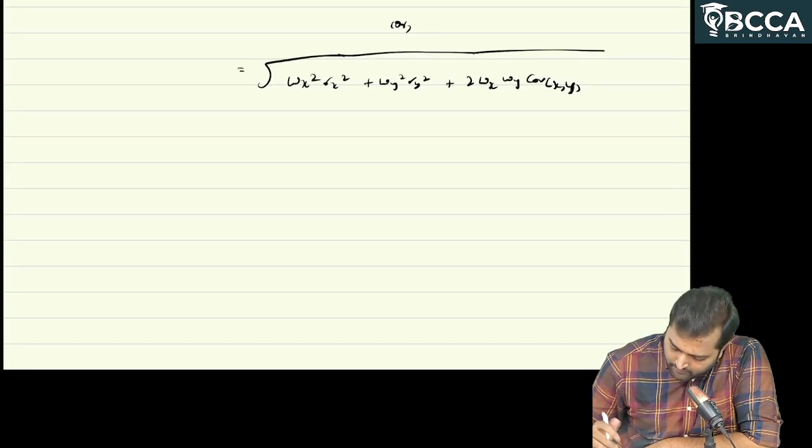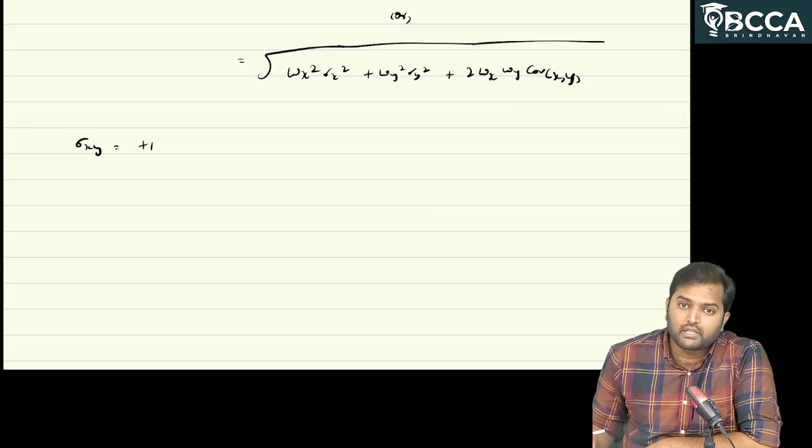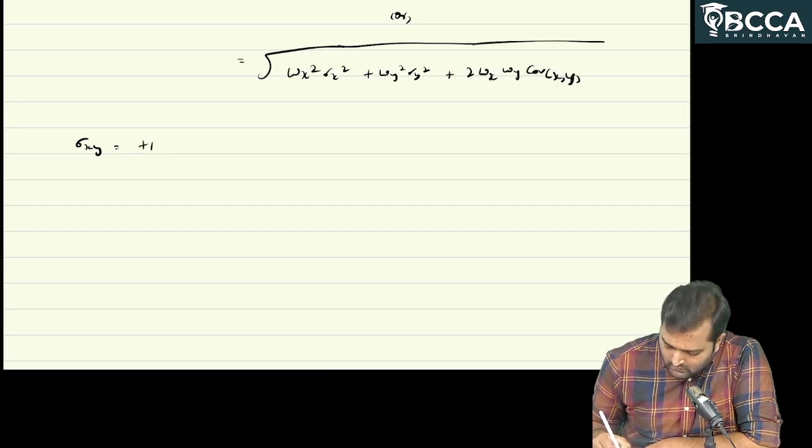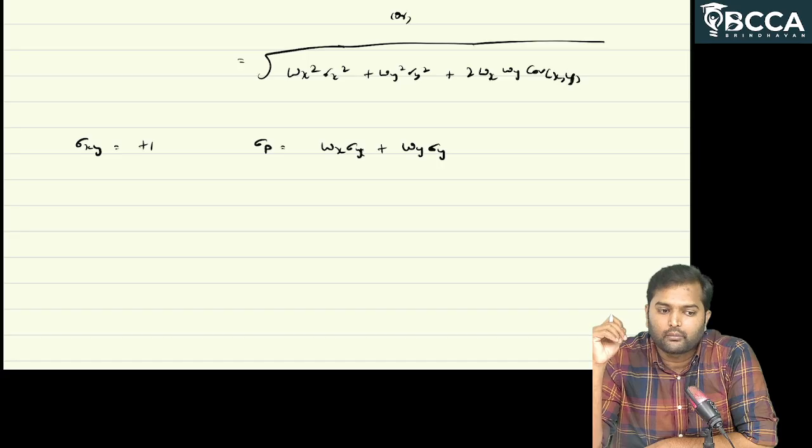There can be 5 cases for sigma xy. When sigma xy is equal to plus 1, then sigma p is equal to wx sigma x plus wy sigma y, because risk cannot be diversified.